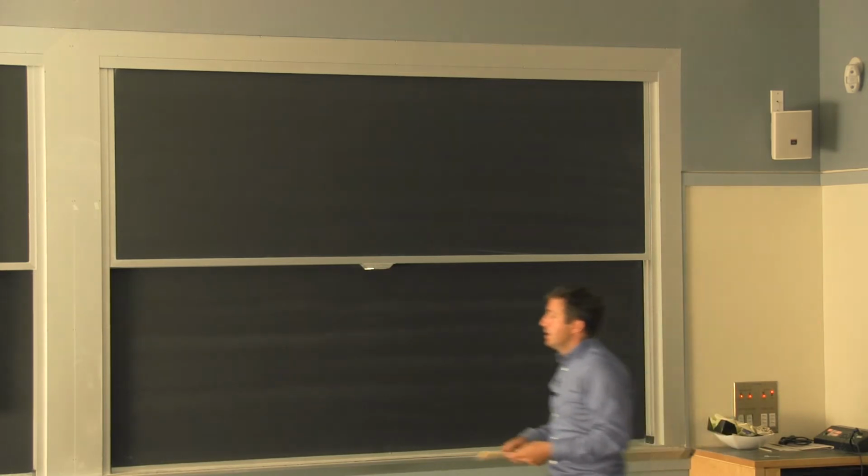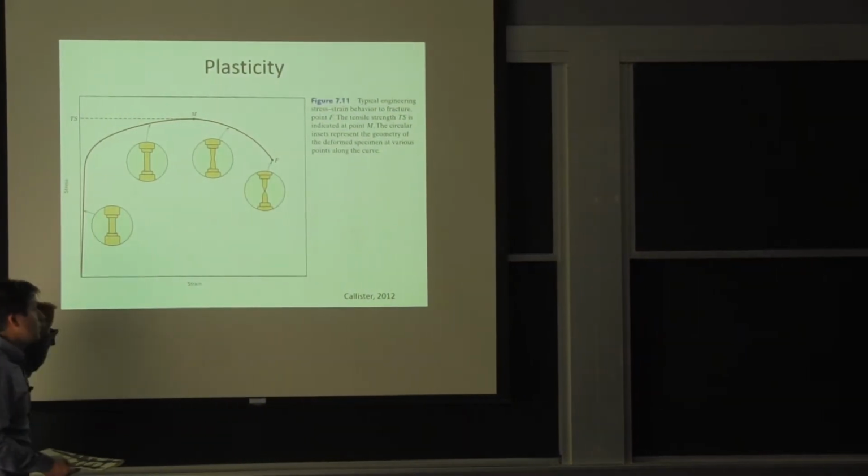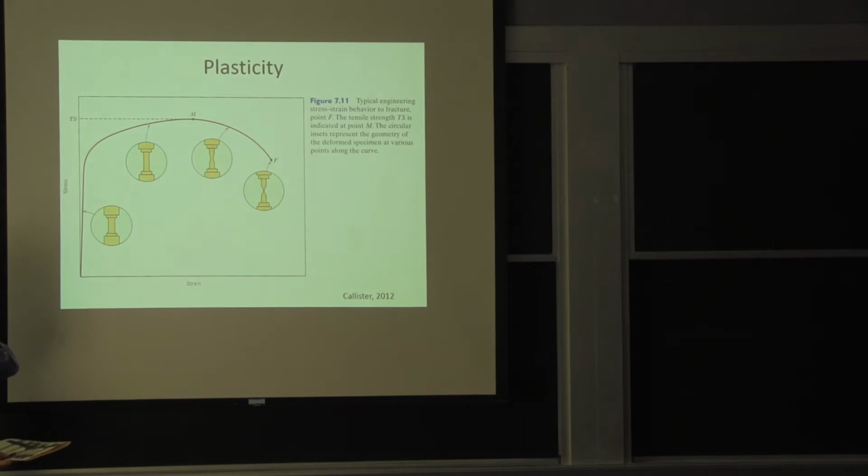You can see what we're showing here is the stress, but it's actually the way the stress is calculated in all these outputs. If you go to the lab, they'll essentially take the load applied, the load sensor on the machine, divide by what was the original area of the material. It doesn't take into account that your cross-section here, the value of A, the area, is reducing.